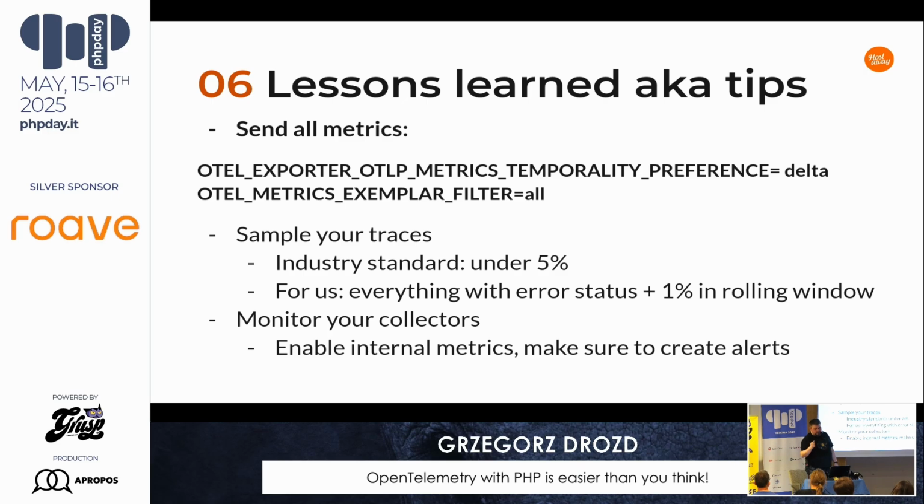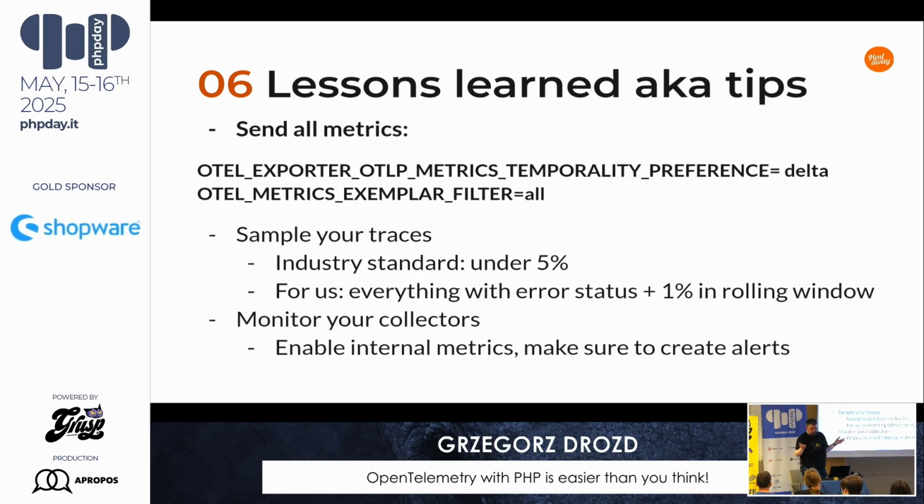Remember to send all metrics, and those are 2 configuration options from the OpenTelemetry PHP framework. First is to send all the information. So in the case of an up-down counter, for example, the default configuration for OpenTelemetry, when you do +1 at the beginning of the query and then -1 at the end of the query, will compute the difference and send 0 to the backend.